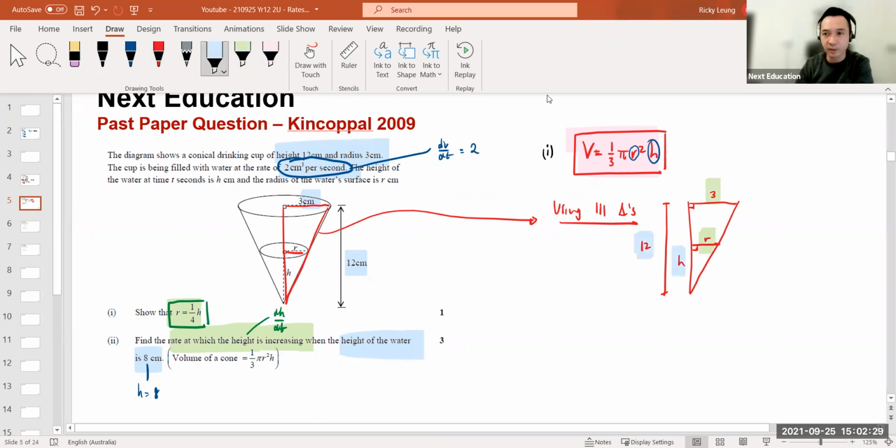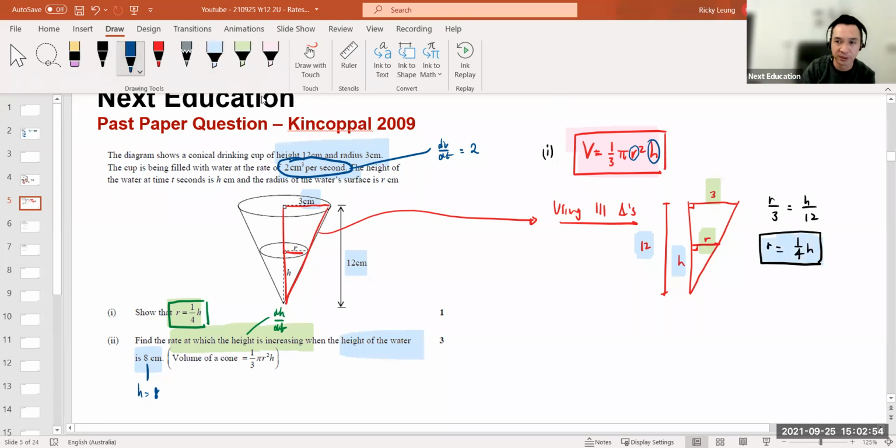And so therefore we have r on 3 equals h on 12. Last week we made h the subject; this week we're going to make r the subject. Times 3 up, and you get r equals a quarter h, which is exactly what I want. That was 1 mark, piece of cake.